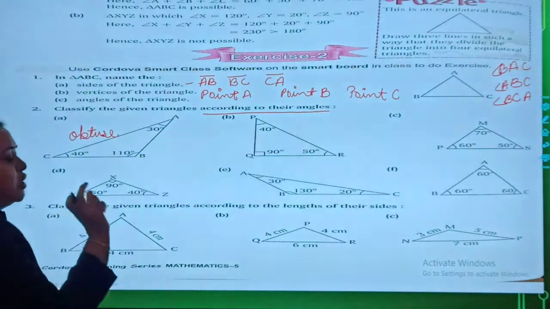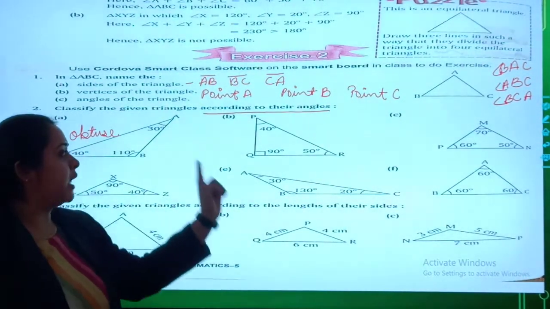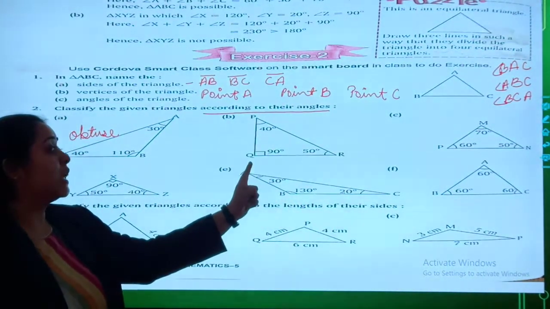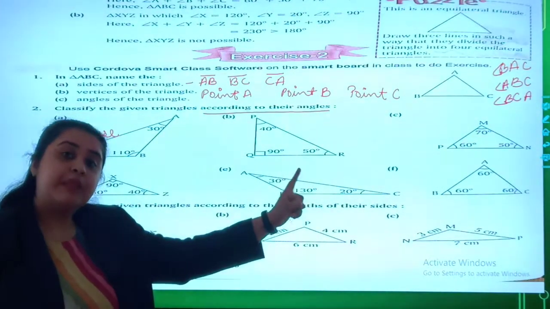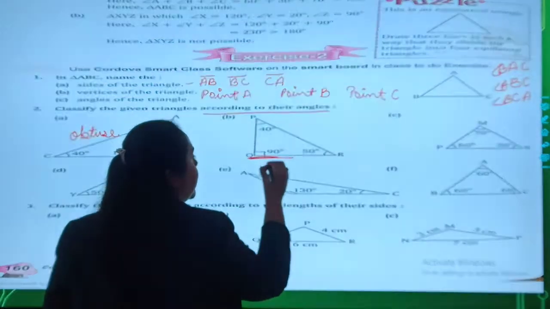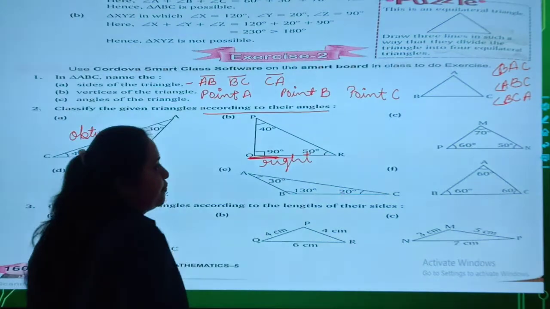I am just writing it short. In B, angle triangle PQR. Angle P is 40, angle Q is 90 and angle R is 50. Exactly. Here there is 90, so this will be right angle triangle.